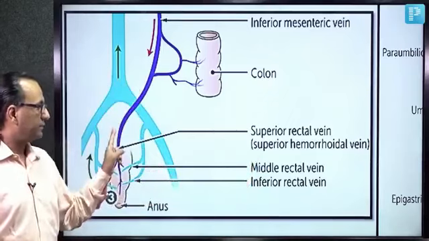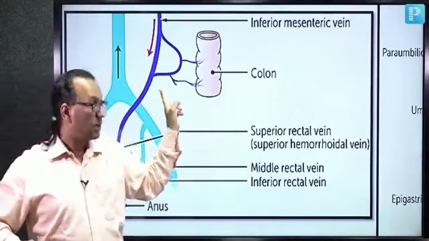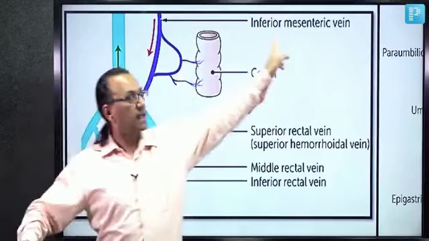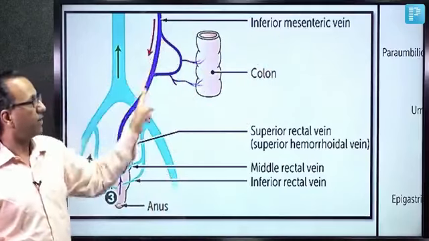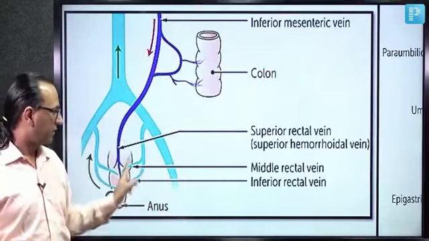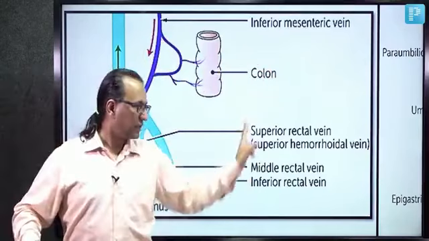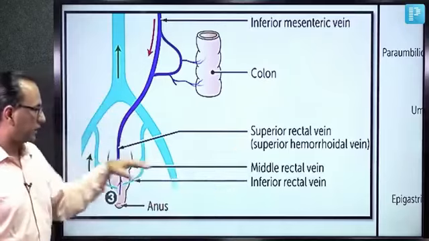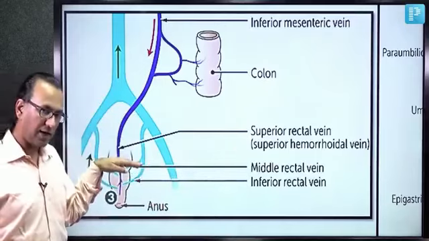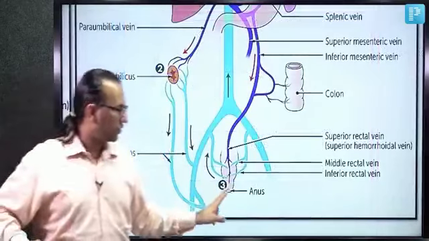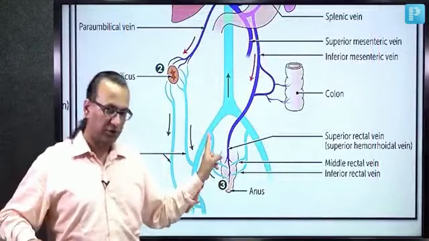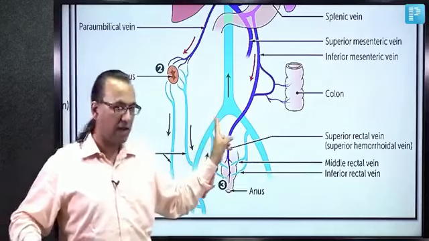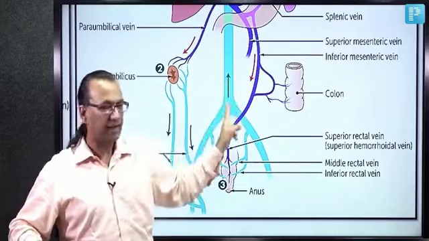Whereas the superior rectal vein is going to drain into the inferior mesenteric vein, and that drains into portal venous circulation. So there will be a portal venous circulation and systemic venous circulation. As you see, this is going to be an anastomosis, portosystemic anastomosis at the dentate line. The inferior rectal vein and middle rectal vein drain into the internal iliac vein, which then drains into the common iliac vein, and then into the inferior vena cava.